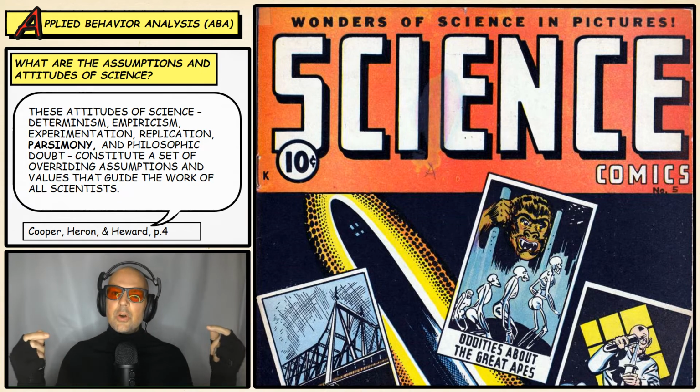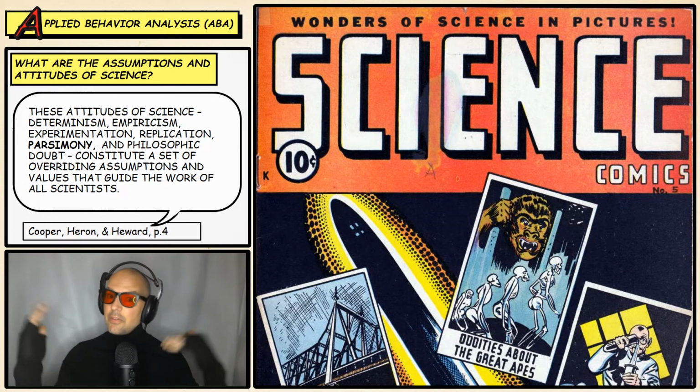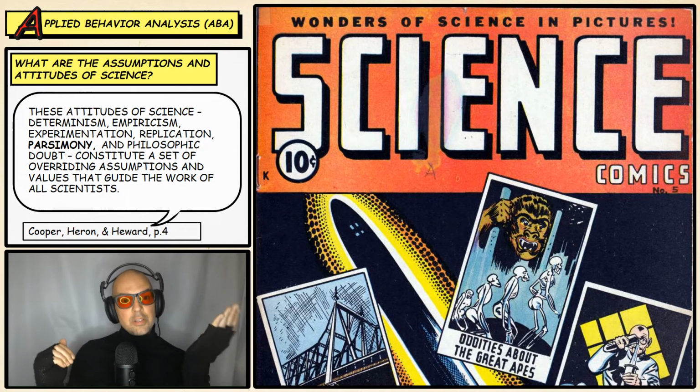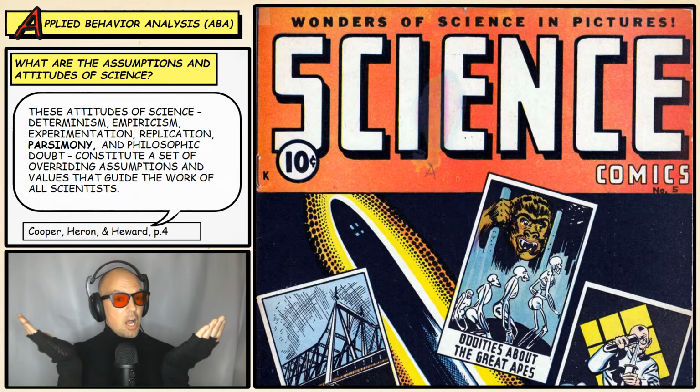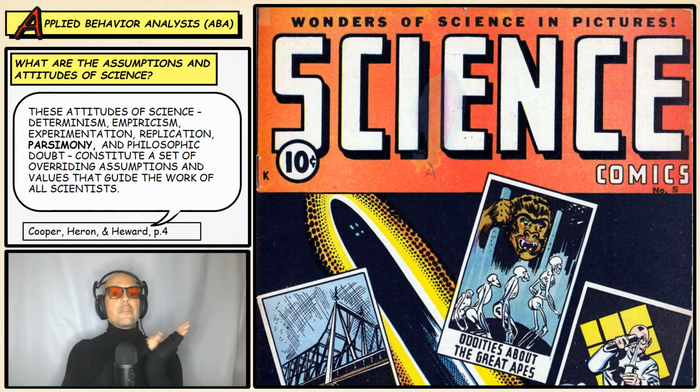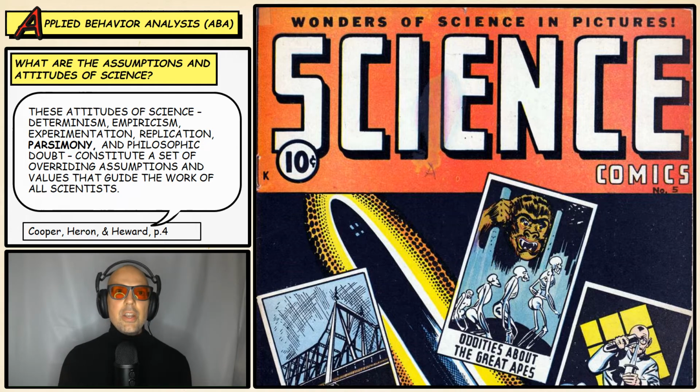So that's parsimony, our preference for those simple explanations. If everything is equal, so if the simple explanation is as good as a complex explanation, we're going to prefer the simple explanation. And this has actually popped up in a number of different places.